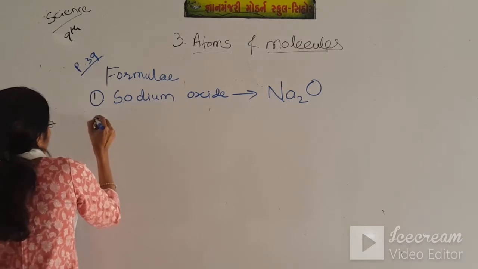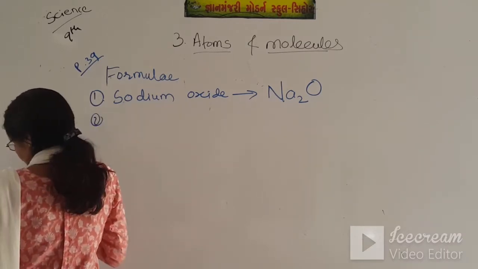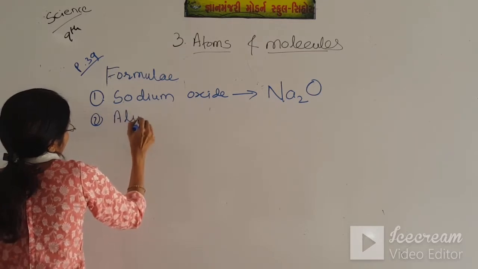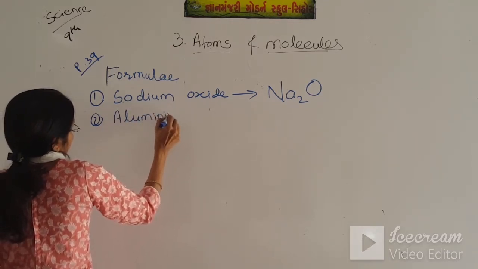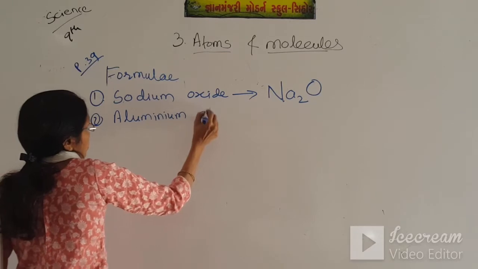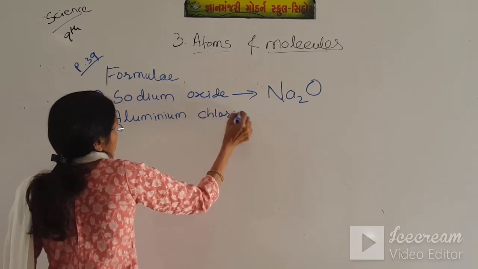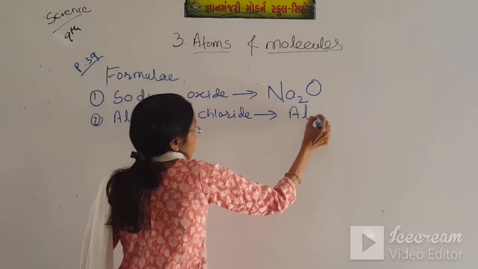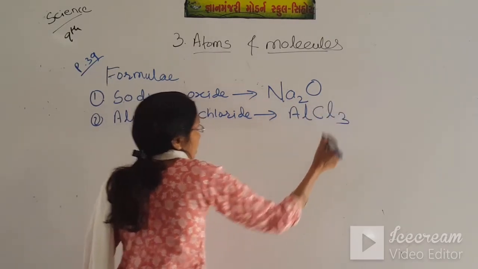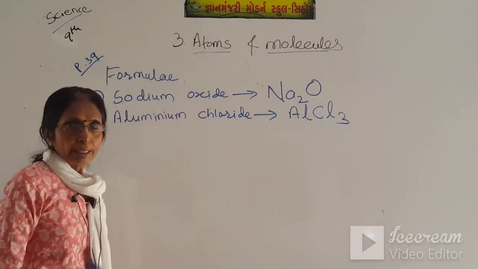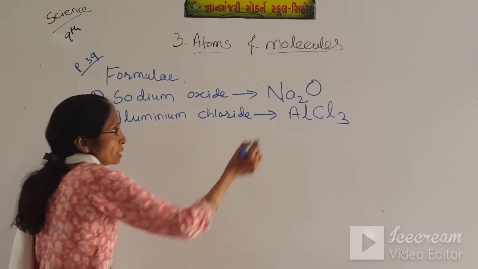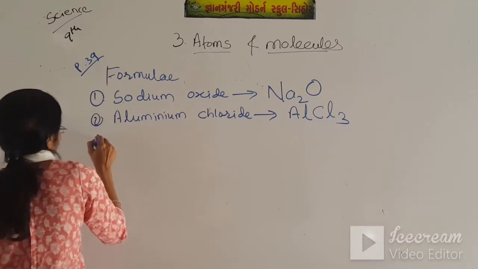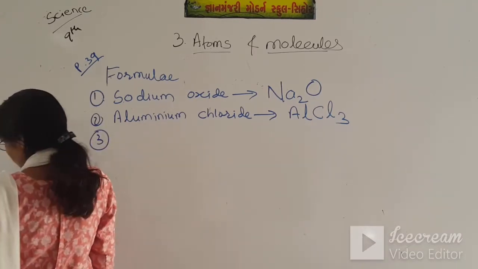Now the next one, aluminum chloride. AlCl3. A should be capital, C should be capital, because Al is one element and Cl is another element, and together they form one compound.